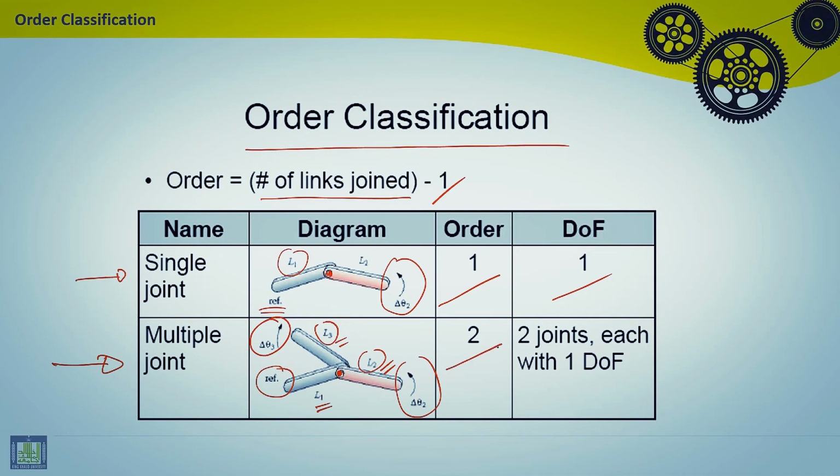So the order is 2. It is a joint, second order joint. So we have 2 joints, each with 1 degree of freedom.